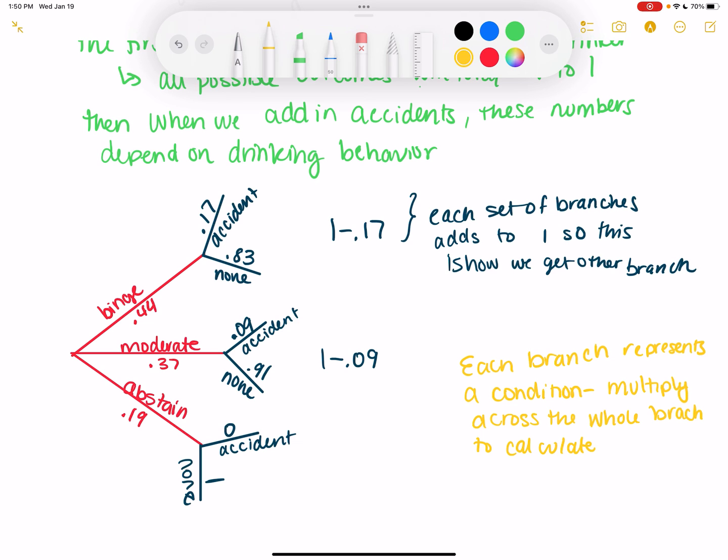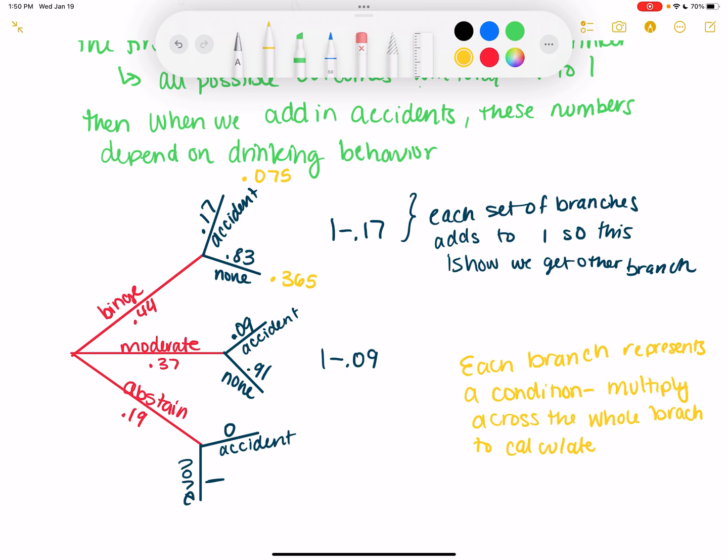We're going to multiply those. So that would be 0.44 times 0.17, which gives you 0.075. I already have these multiplied, but that's all I'm doing. Binge and no accident is 0.44 times 0.83, so that's 0.365.